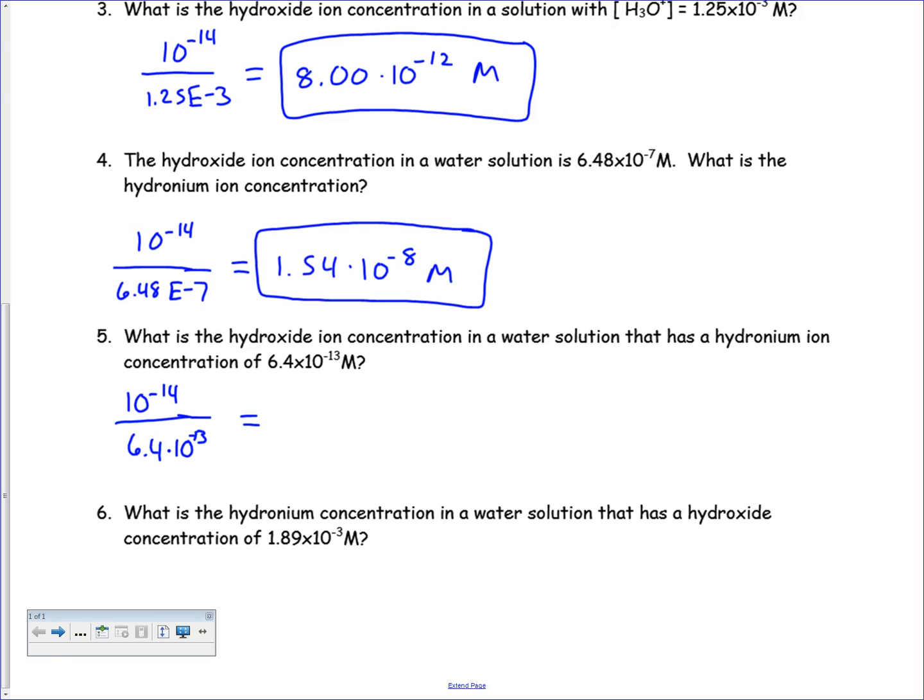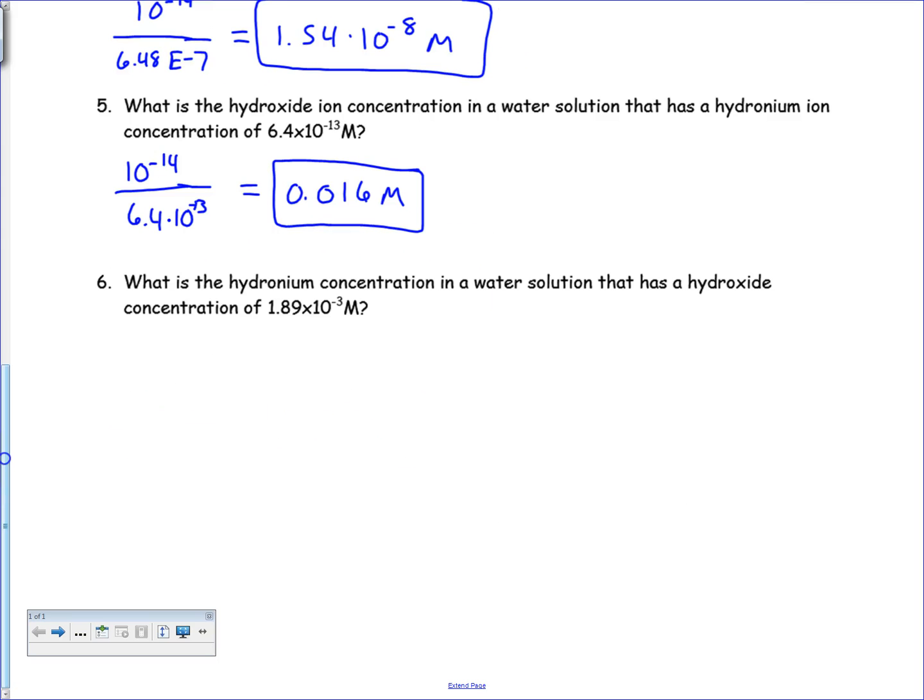So it gives us 0.016 molar. I just chose not to use scientific notation on that one because it was shorter to write it out in standard notation.